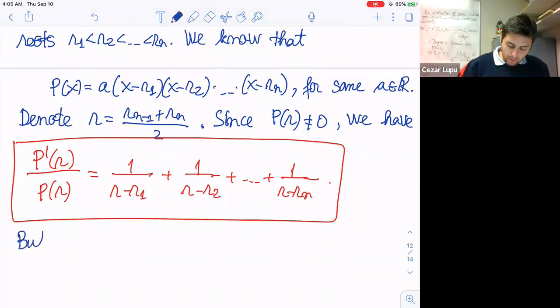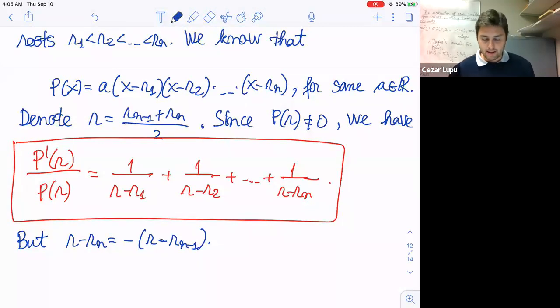But we know that r minus rn is nothing else than just minus (r minus r(n-1)).